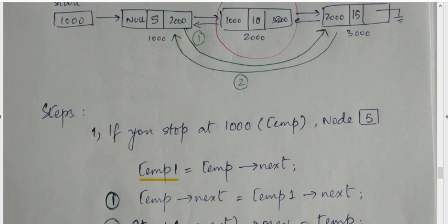This one was pointing to 2000, now instead temp will point to 3000. And this is your temp 1. Temp 1 to next is your 3000. And in the previous of 3000, I'm going to make 3000 point back to temp. So when I say temp 1 to next, I'm going ahead and modifying the previous pointer and making it point to temp.